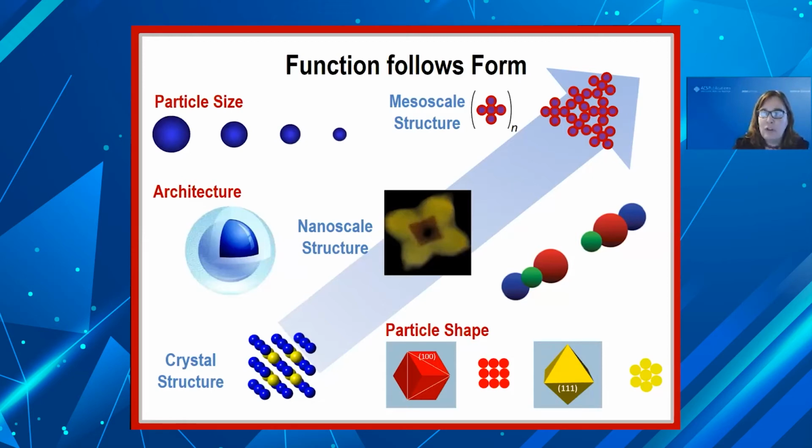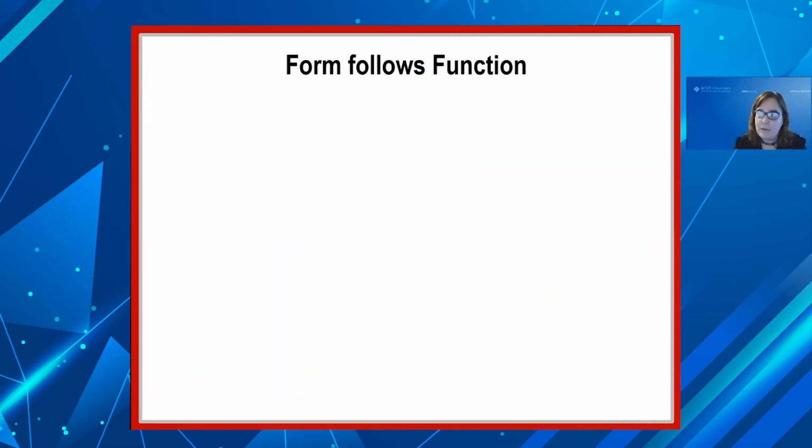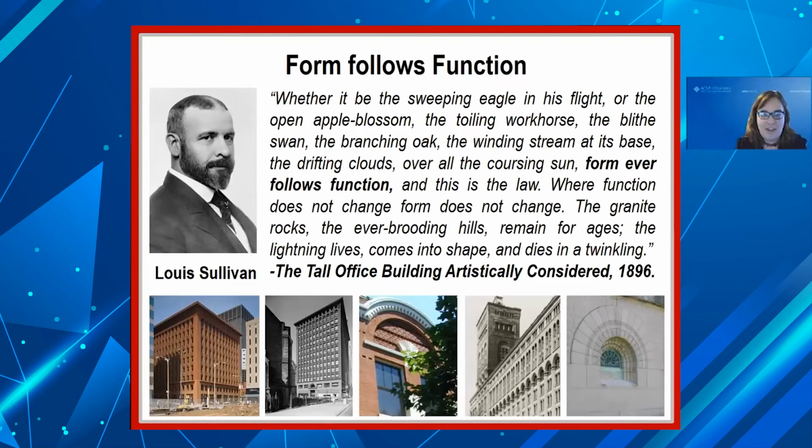However, if you were to actually do a Google search for this phrase, function follows form, what you will find is that the inverse relationship, form follows function, pops up way more often than function follows form. And the reason for this is because of a famous American architect named Louis Sullivan. In his book called The Tall Office Building Artistically Considered from 1896, he put together a way of thinking about the construction of a modern building.